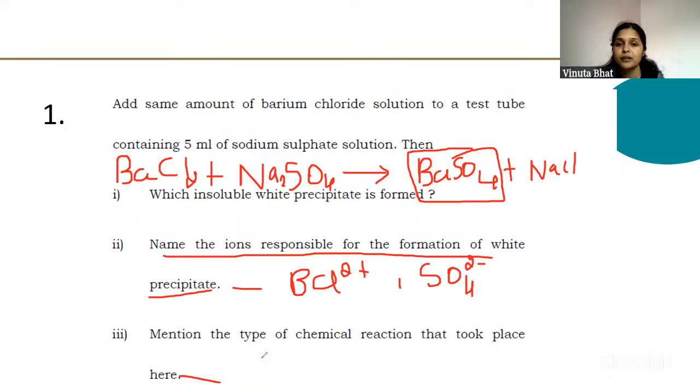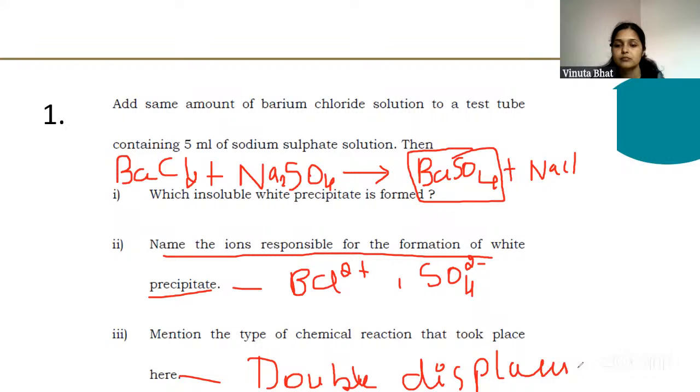The type of chemical reaction is a double displacement reaction, because the exchange of ions takes place between the reactants. So it is called a double displacement reaction. Okay. So like this, you should write the answer.